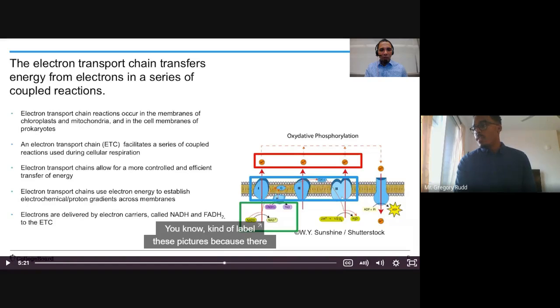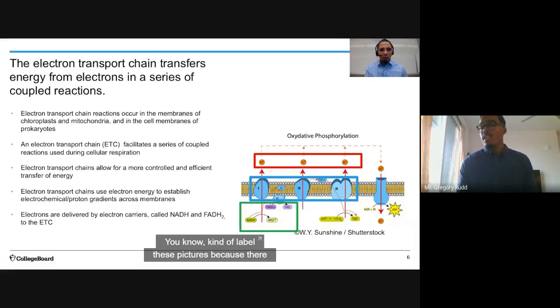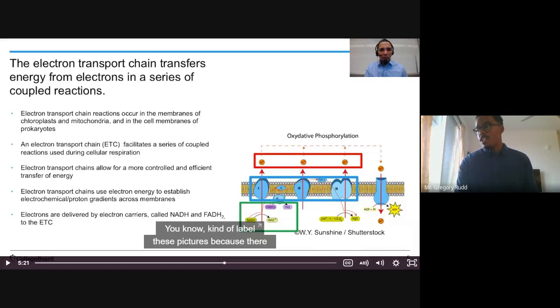Once we get a whole bunch of those protons on one side of the cell, naturally they are going to diffuse back onto the other side. That's going to be a spontaneous process. We don't need to use energy to do that. So hydrogen is going to flow through this ATP synthase, which of course makes ATP. It does phosphorylation.